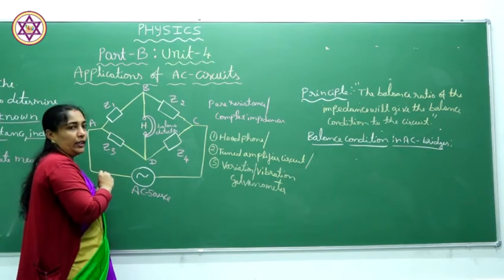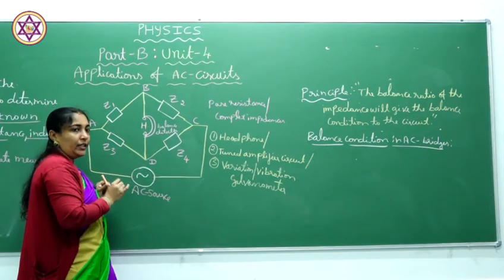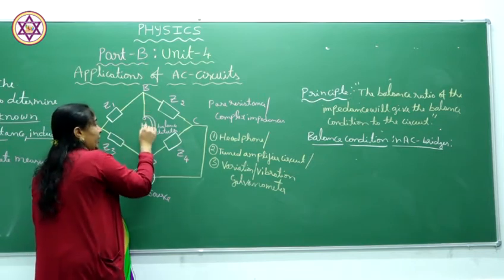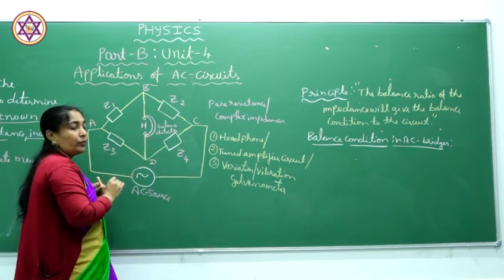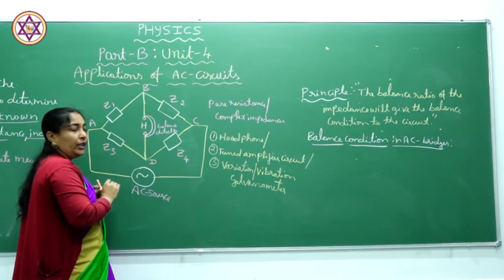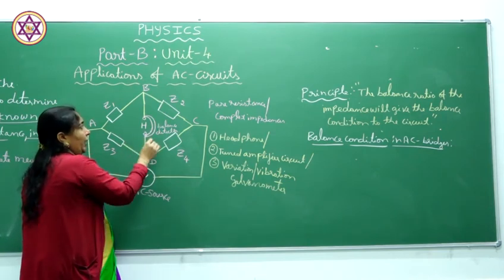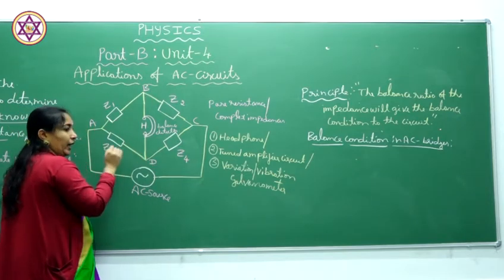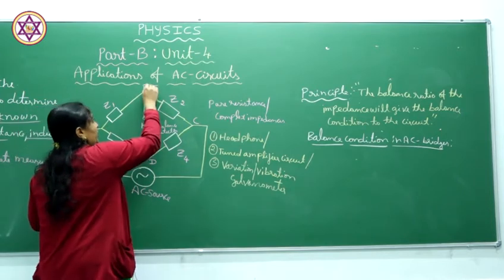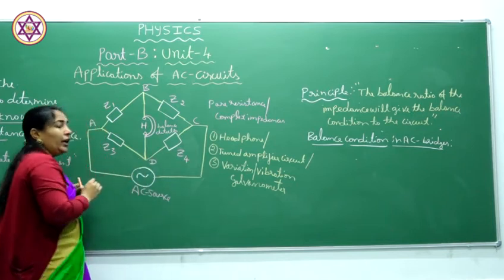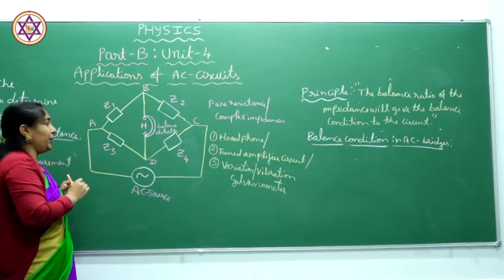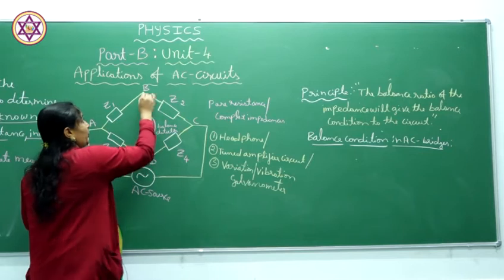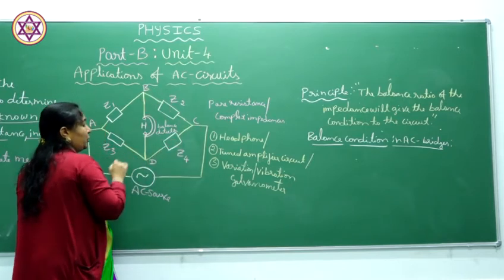This happens when the potential difference across A to B and A to D are the same, and also the potential difference across B to C and C to D are equal.